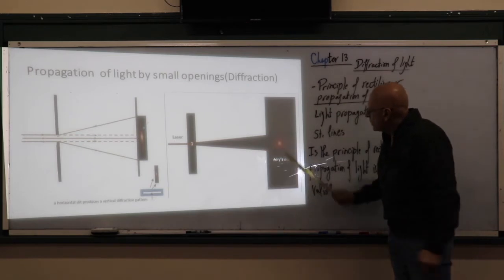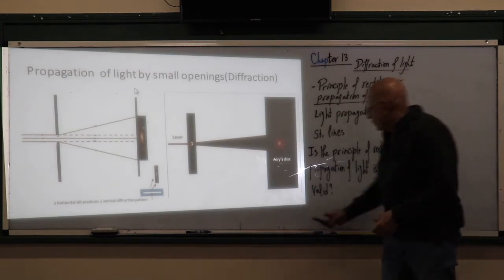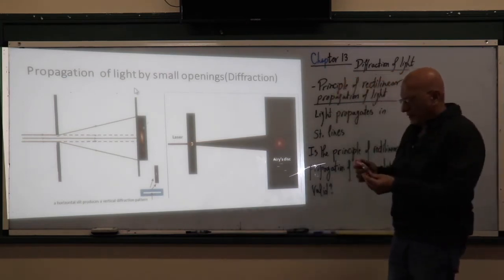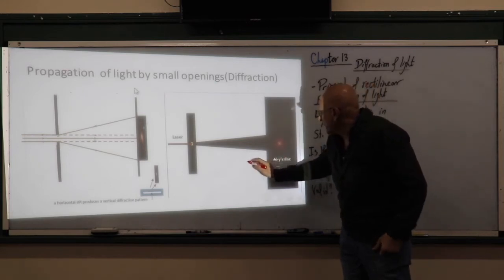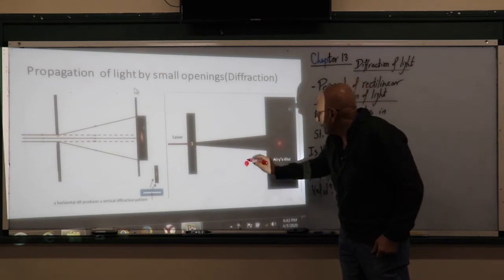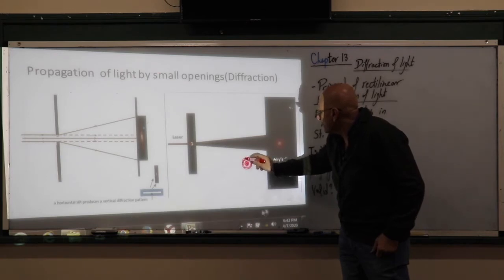If you look carefully, maybe here the figure is not clear, you will see that what is formed here is a bright circular spot or disk surrounded by dark and bright rings. Dark and bright rings here. And I will show you the real figure.